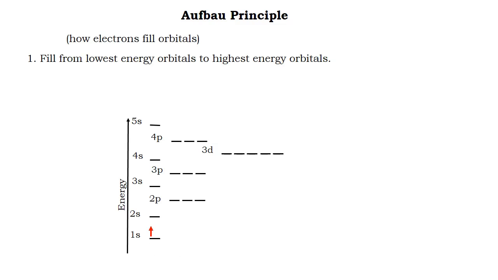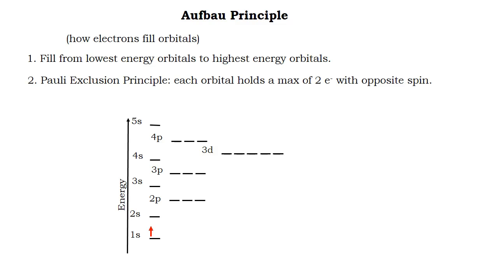We're going to keep going, and we're going to talk about the next rule, the Pauli exclusion principle. The Pauli exclusion principle states that each orbital will hold a maximum of 2 electrons and that they have opposite spin. So what that means is that when we do the orbital diagram for helium, helium is the second element on the table.